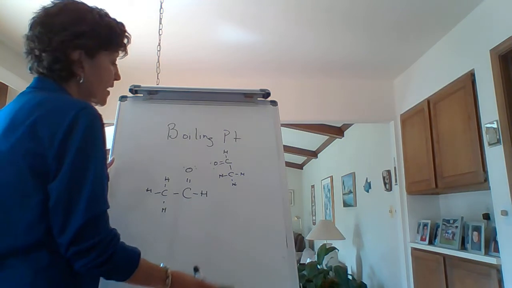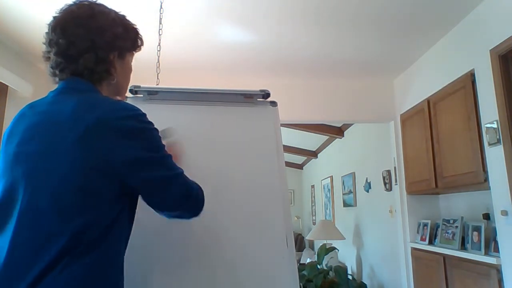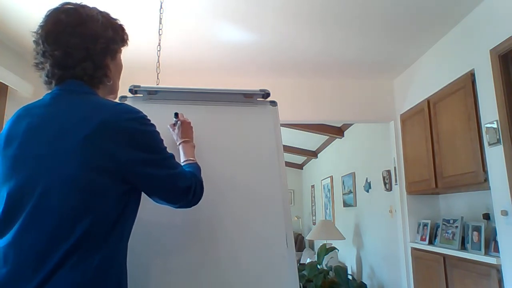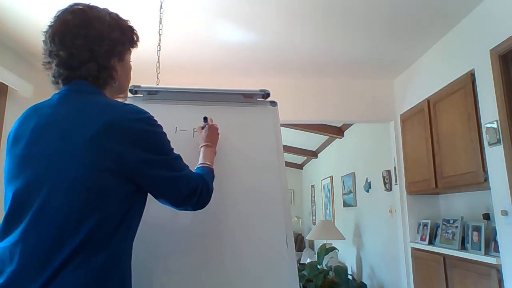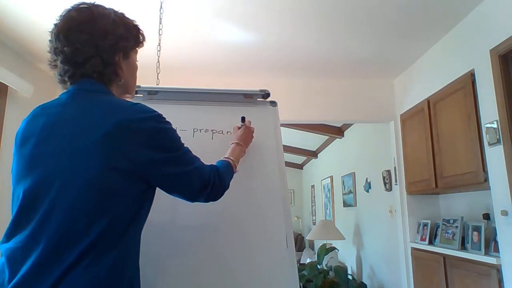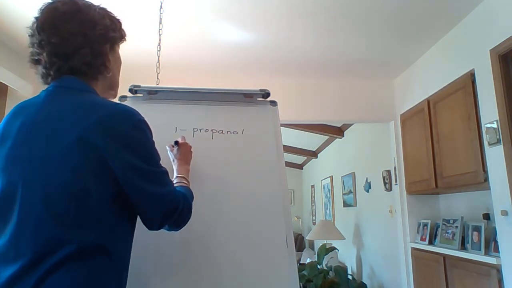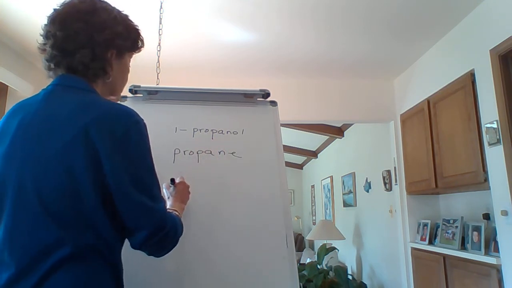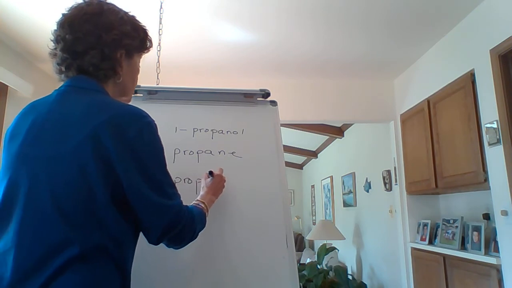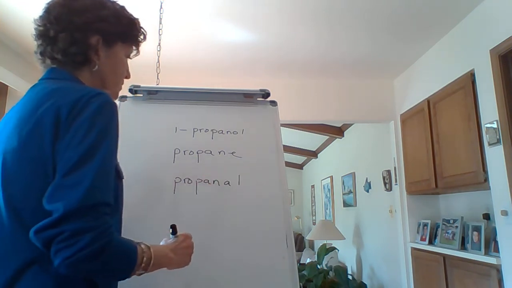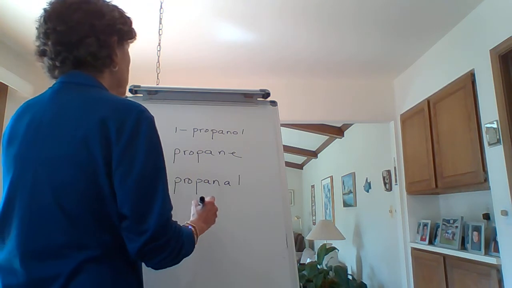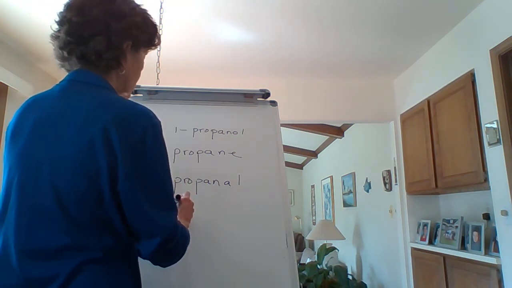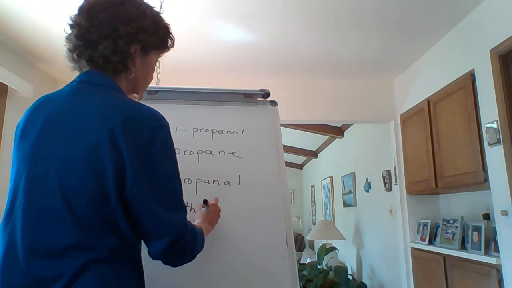So if I have these molecules, let's say I have 1-propanol, and I have propane, and I have propanal, okay, and then maybe I have, let's say, ethanal.